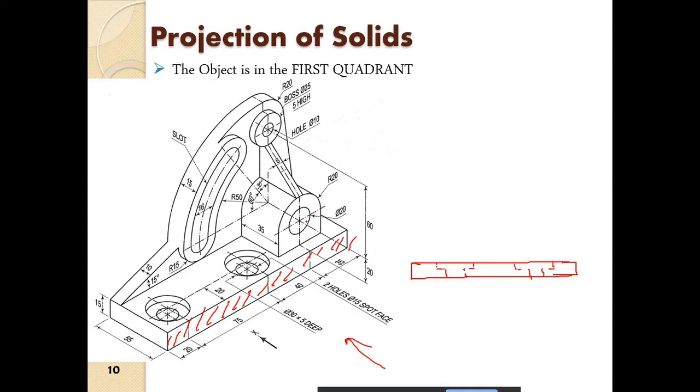Now let us concentrate on this part. First of all, I will see this entire surface. So this edge over here, then this entire edge over here, this surface, and then this surface.